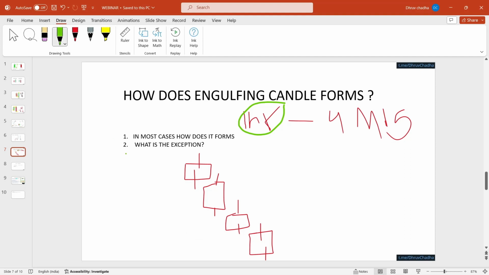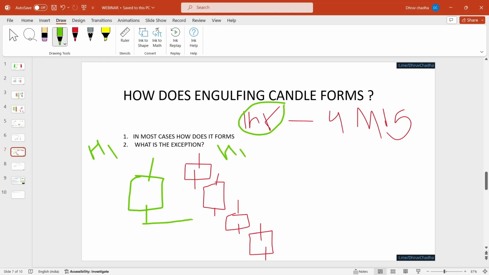There is a bullish engulfing candle, right? So for a bullish engulfing candle, let's say on H1, and these all four candles are also on H1, right?